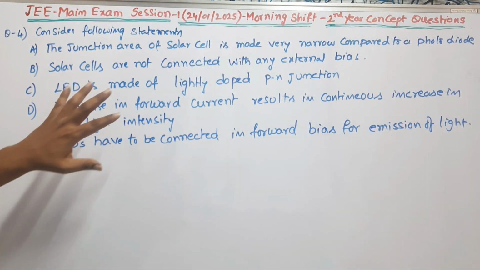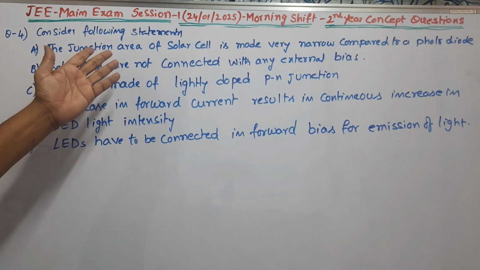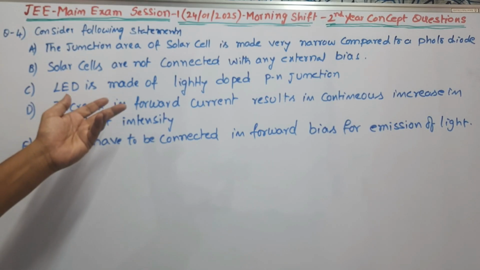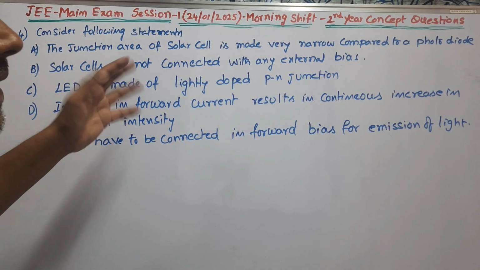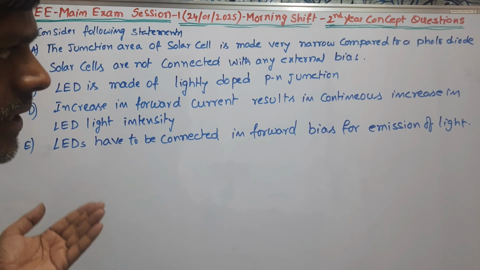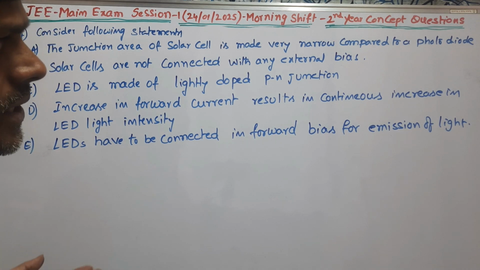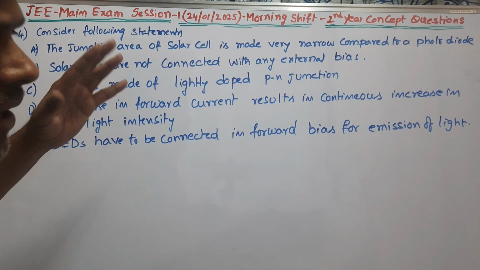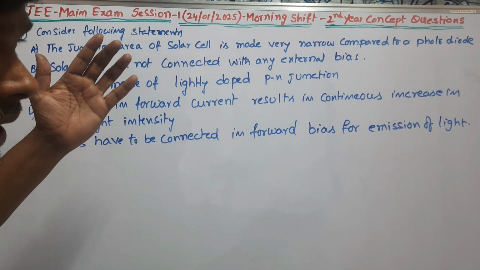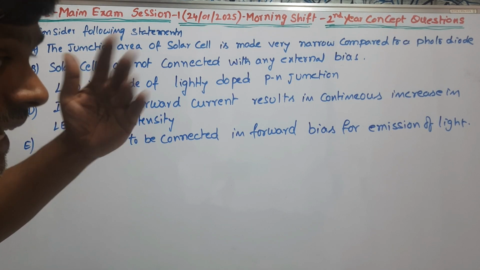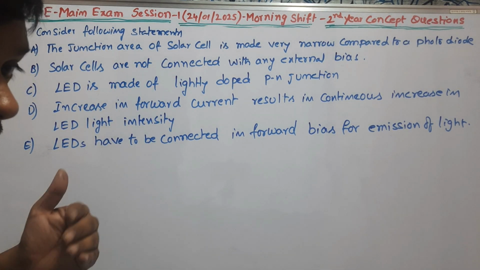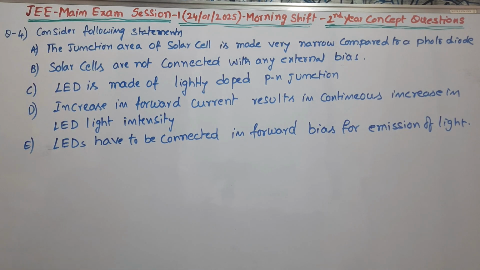It does not depend on the junction; it is made of the same kind of material. Similarly, a photodiode is also an electrical device; photo means light, and light is converted into electrical energy. So this statement is not correct, it is wrong.